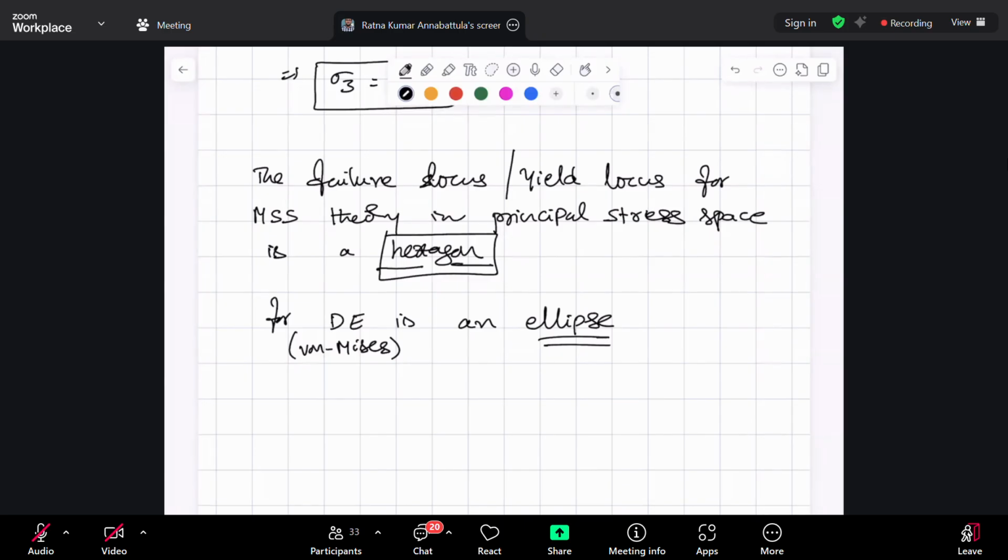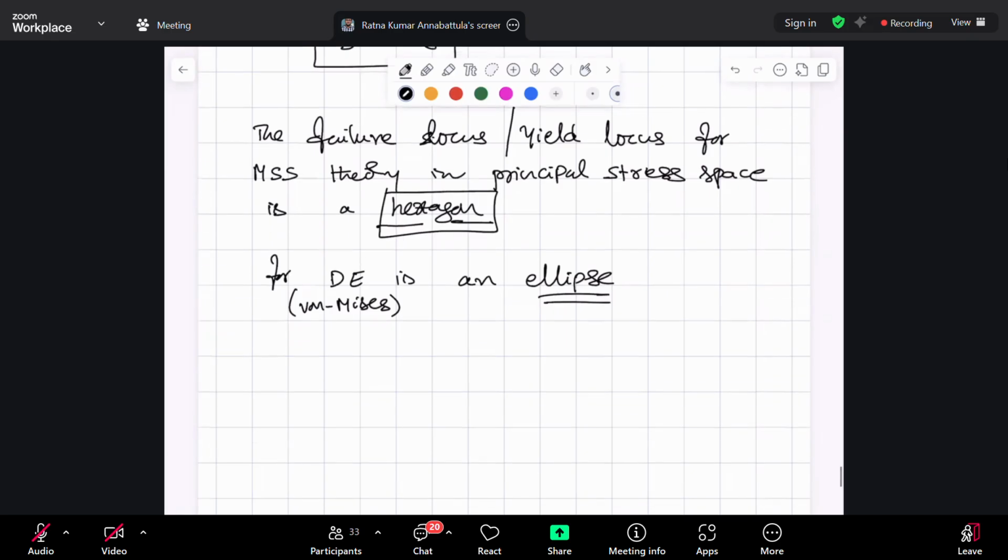So the failure surface for the maximum shear stress theory in 3D will also be a cylinder, but instead of a circular cylinder, it will become a hexagonal cylinder. That is the only difference. Otherwise, it is very similar to distortion energy theory.